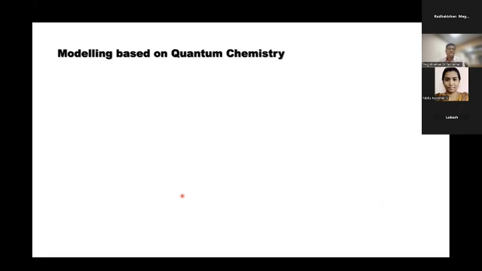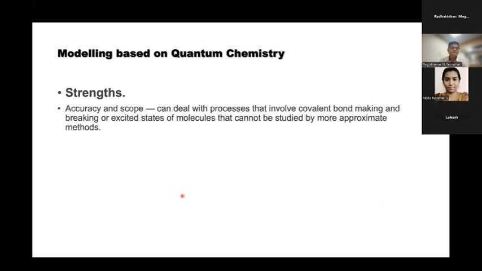In quantum chemistry, what is the strength? Now I'm going to the other part. You can say, okay, I want to do quantum chemical simulations. Yes, you can do it. What is the advantage? You can look at electron-level information of breaking and making bonds and the excited states of a molecule.